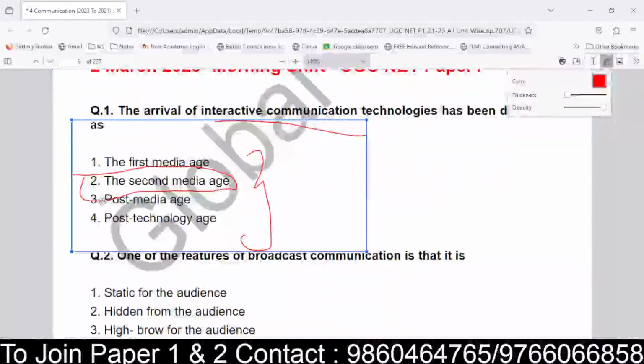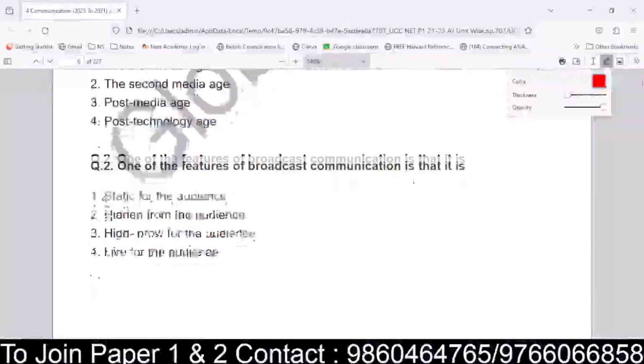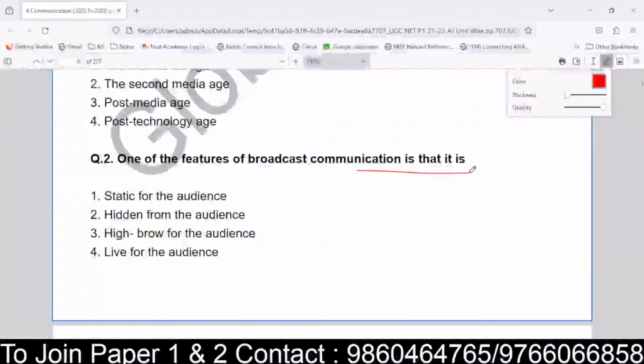Now, coming to the next question, everyone. One of the features of broadcast communication is what? Is it static for the audience, hidden from the audience, highbrow for the audience, or live for the audience?